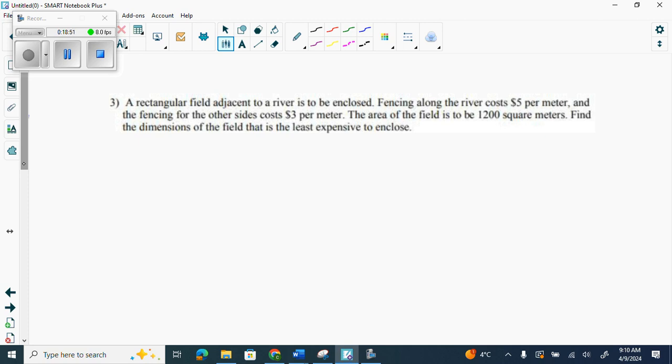Now this is the catch. What costs a different price? The river side, but it's going to be the same length as the one across from the river side, correct? Because you're making a rectangle. So I'm going to say let x represent the length of fence along the river.